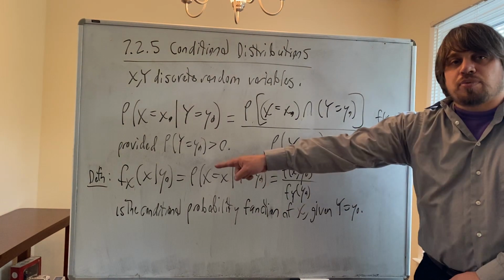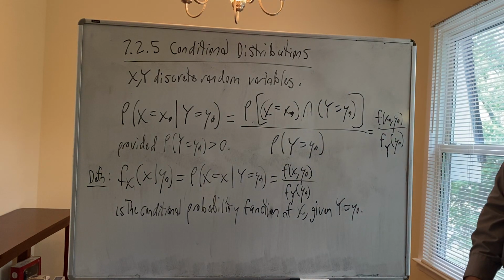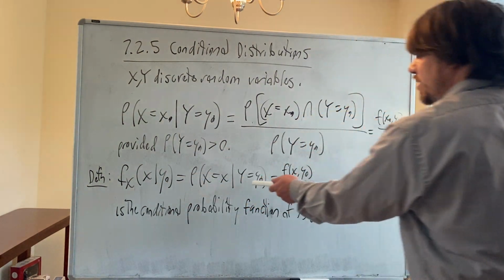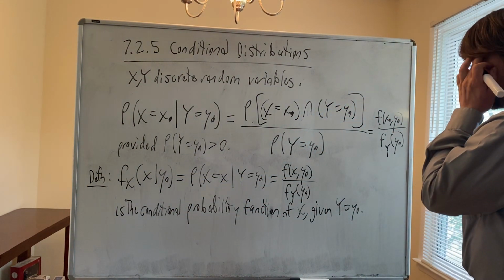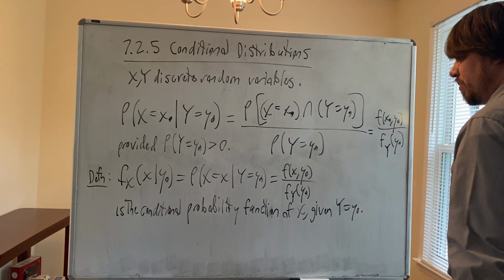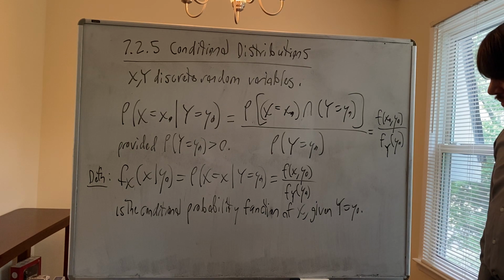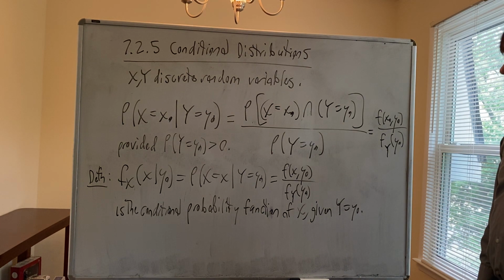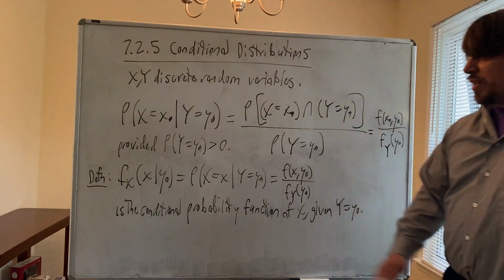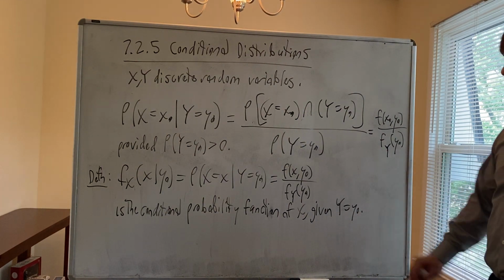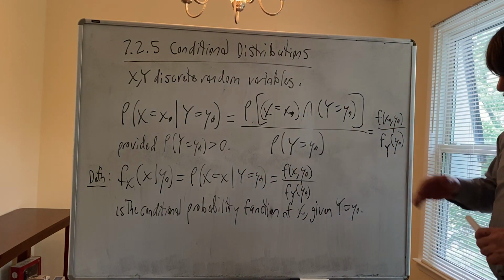Okay, so the conditional probability function of X given y naught is the probability X equals x given Y equals y naught. Again, it's the probability that capital X equals little x given that capital Y equals y naught. Y naught is a fixed number, and little x is variable, it can change.